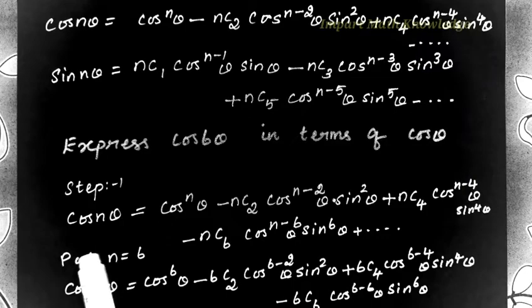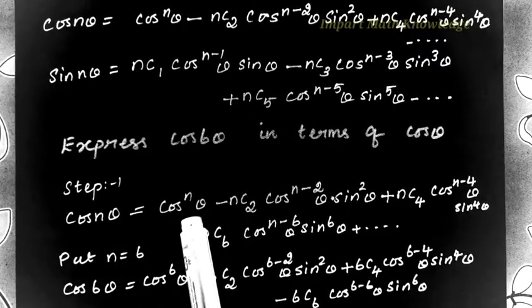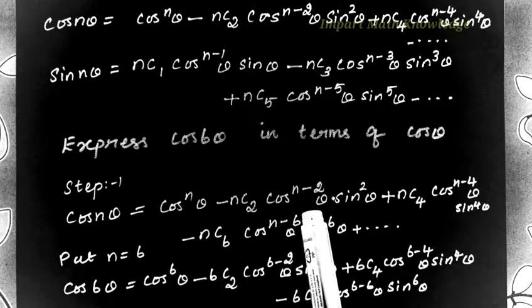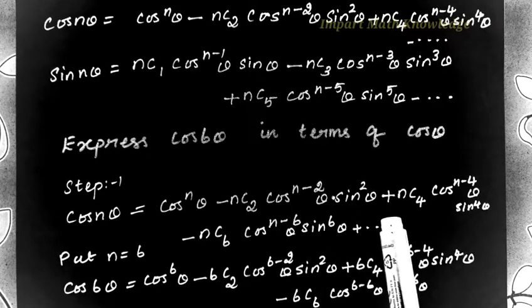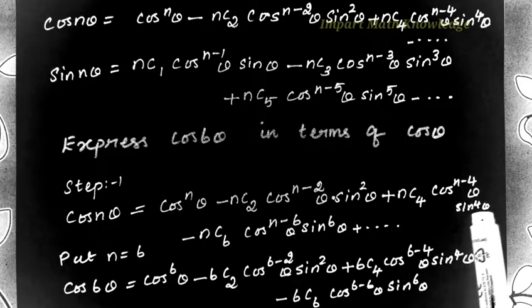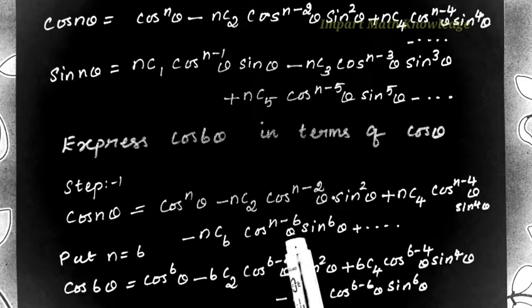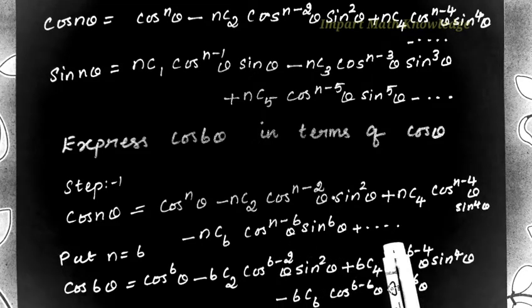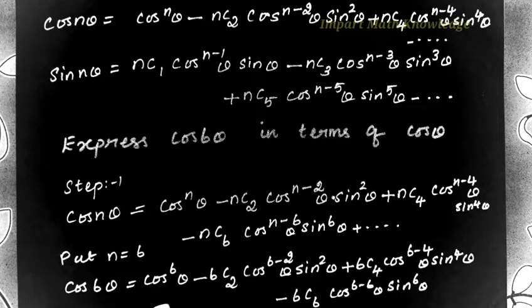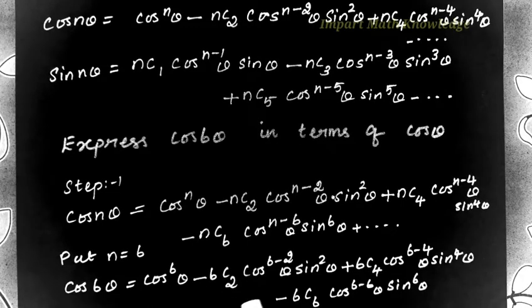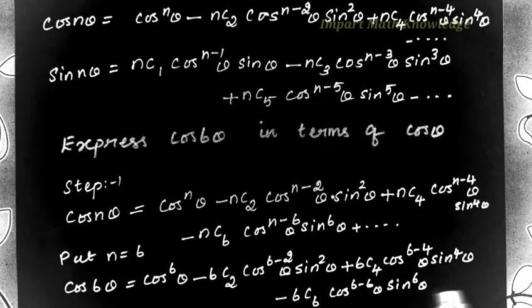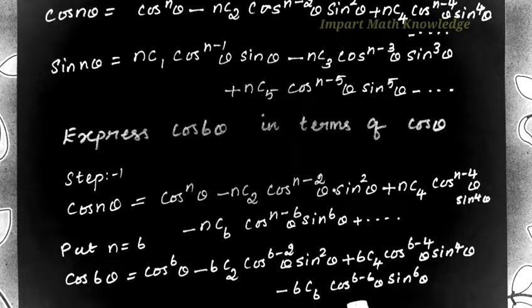First you write the formula for cos nθ. Cos nθ is equal to cos^n θ − nC2 cos^(n−2)θ sin²θ + nC4 cos^(n−4)θ sin⁴θ − nC6 cos^(n−6)θ sin⁶θ + etc. So cos 6θ is equal to cos⁶θ − 6C2 cos^(6−2)θ sin²θ + 6C4 cos^(6−4)θ sin⁴θ − 6C6 cos^(6−6)θ sin⁶θ.